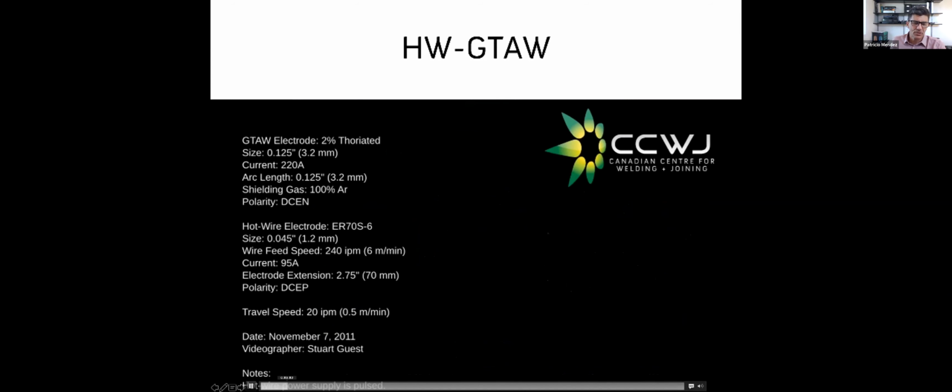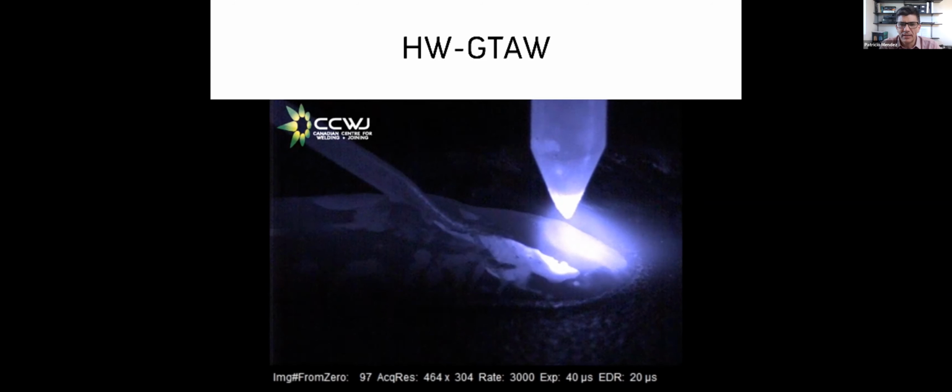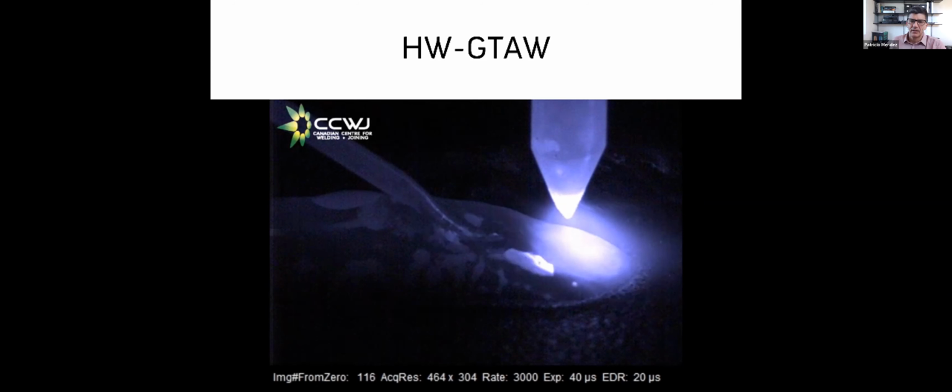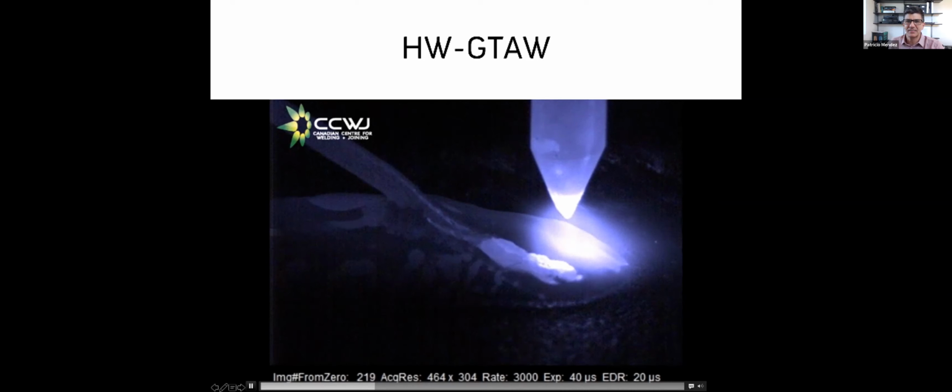And yes, there is a waveform, but in this case, it's a very simple waveform that is a square wave. And the one that is pulsed is the wire in this case. It's just the other way around. The tungsten is pretty much DC as usual, DC electrode negative.